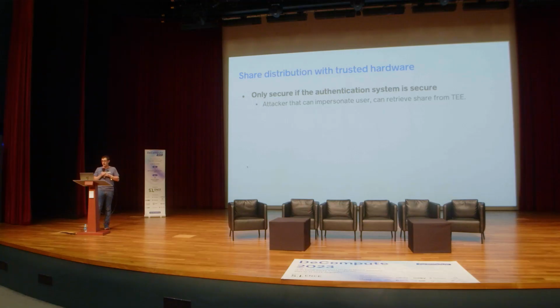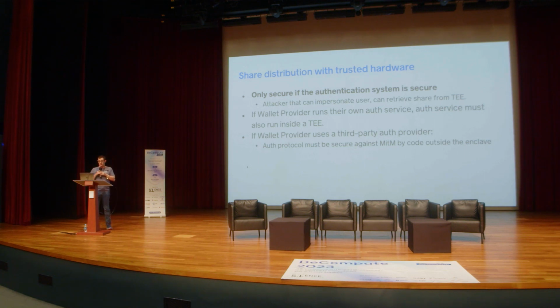But another observation is that this is only secure if the authentication system is secure. If the attacker can impersonate the user, they can pull the share instead of the actual user and basically steal it. So if the wallet provider is running the auth service, it needs to be running inside the TEE, inside the enclave as well, because otherwise the attacker can impersonate the user and steal the share.